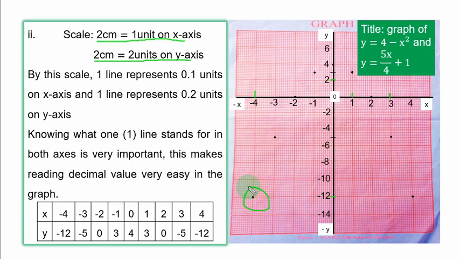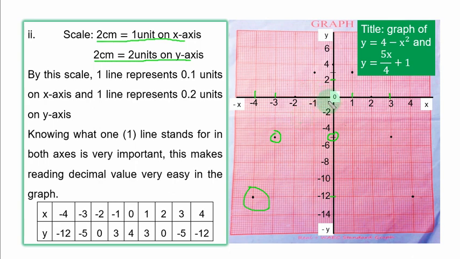When s is -3, y is -5. When s is -3, -5 is the middle of -4 and -6. That is the point you have here. So you plot this point, a point of intersection. The next point, when s is -2, y is 0.